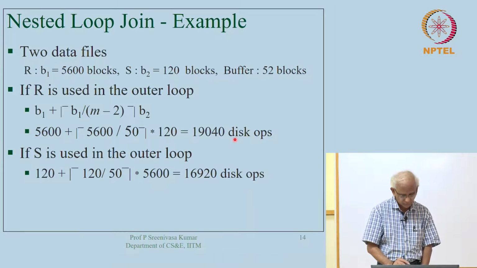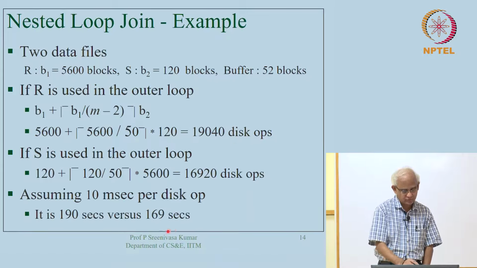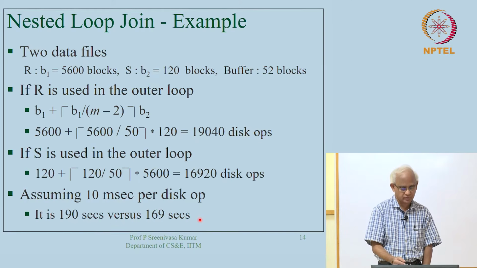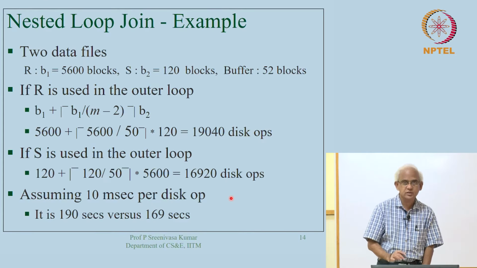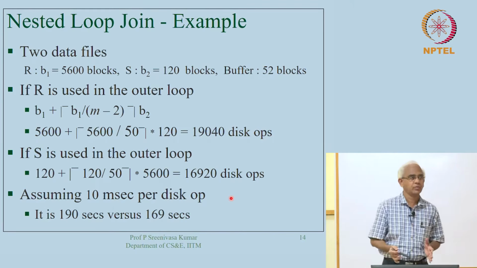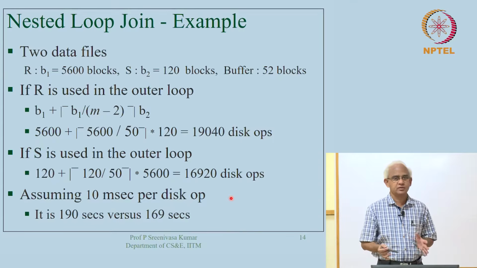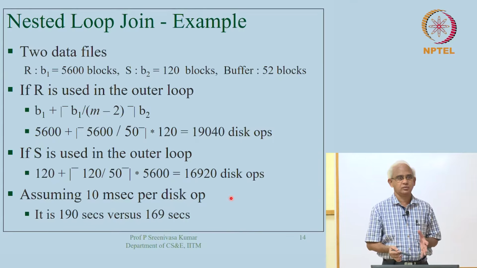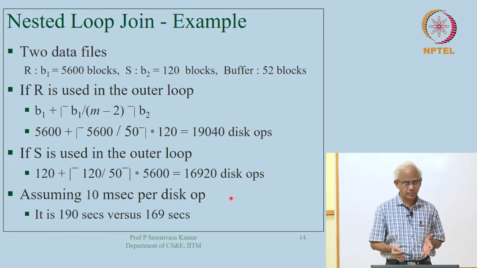You can verify this later, but there will be a slight advantage. It's 190 seconds versus 170 seconds. Okay. So, this is the situation when we really do not have any support of indices for the files.